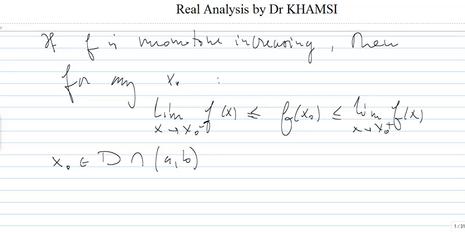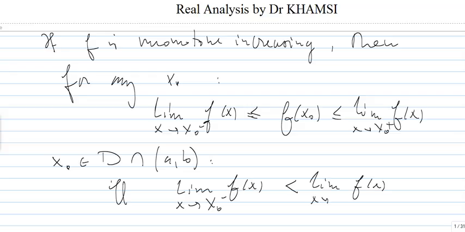Otherwise there is no problem; we can still talk about the right limit at A or the left limit at B. So if we take this, then because f is discontinuous, we must have the limit of f of x when x goes to x0 from the left less than, if and only if, the limit of f of x from the right. So when you have discontinuity, if and only if these two limits are different, and one is strictly less than the other one.